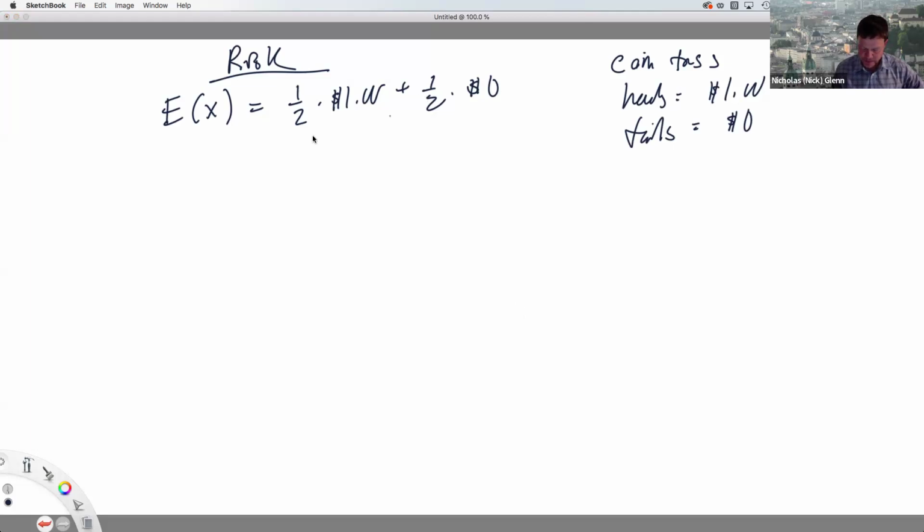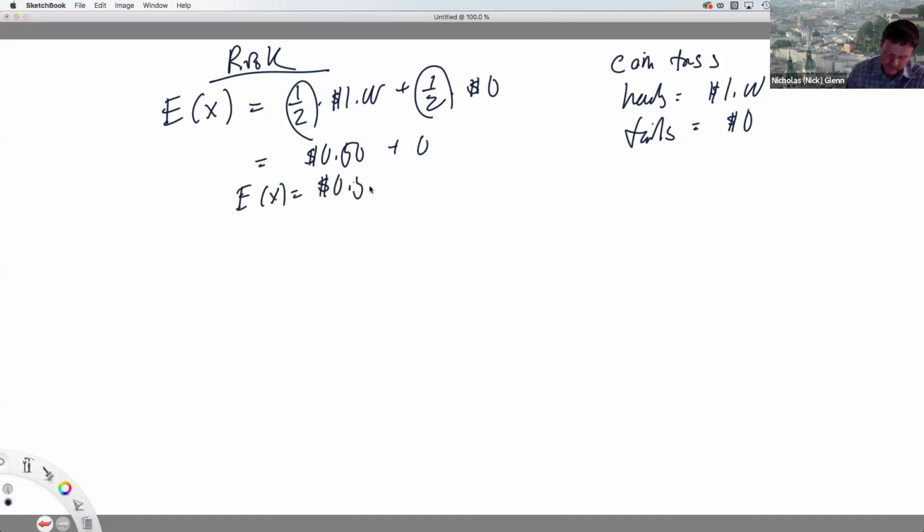Each of these has a 50% chance, right? So you have to weight them by a 50% chance to calculate the expected value of this coin toss. 1/2 times $1 would give you 50 cents. 1/2 times 0, 0. So the expected value of this coin toss is going to be 50 cents.